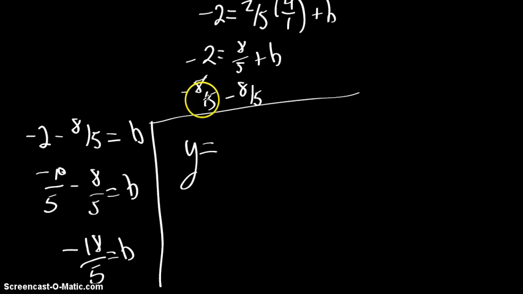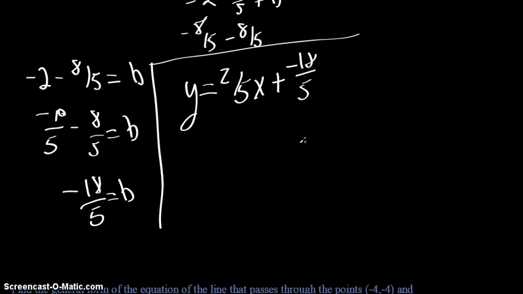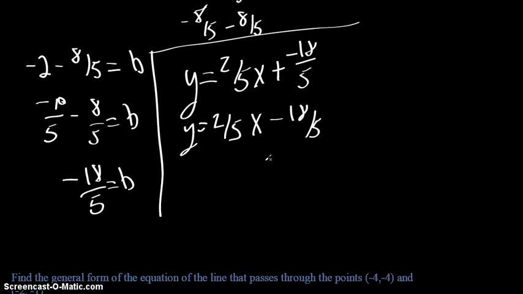So y equals 2/5 x plus -18/5. Now I'm going to get rid of that double negative sign: y equals 2/5 x minus 18/5. Okay, now it asks for the general equation again.